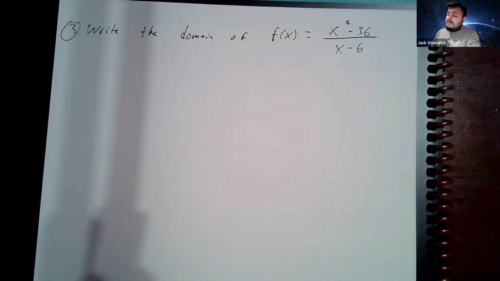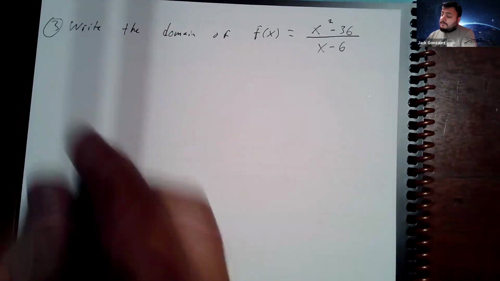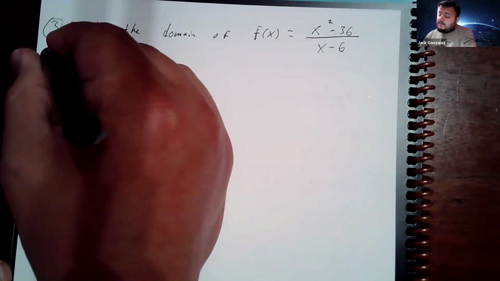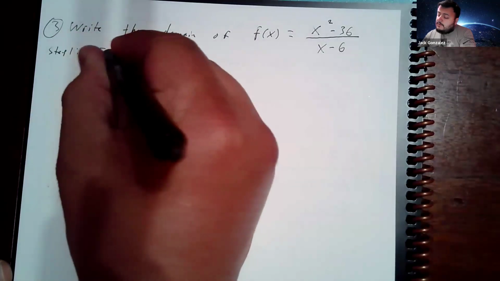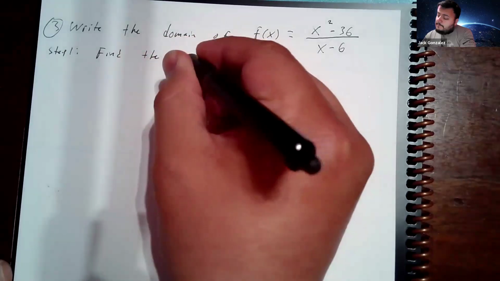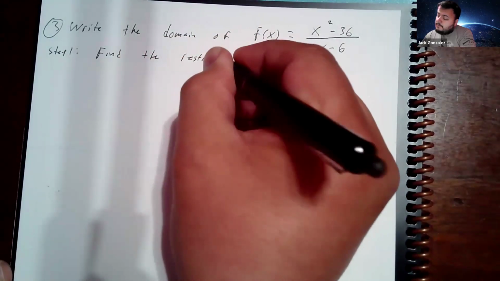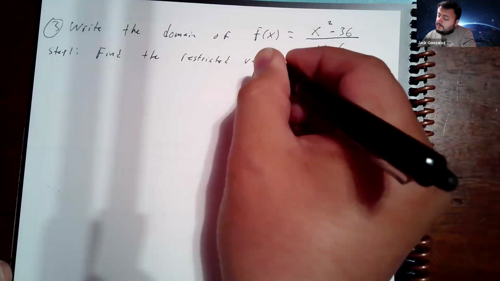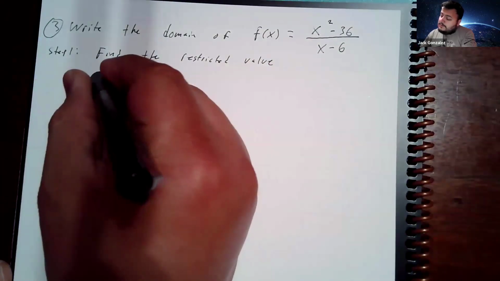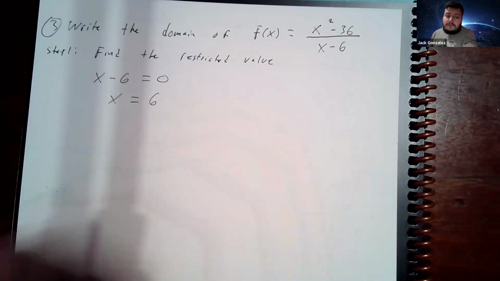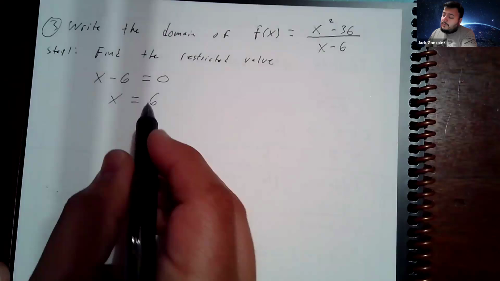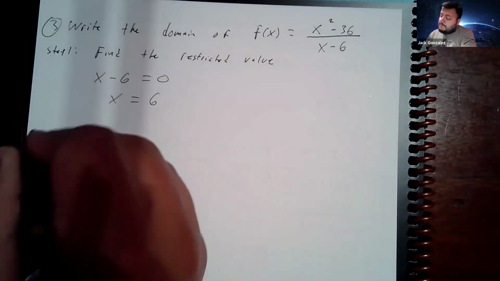To find the domain, you basically have to find out what is restricted and then work around it. That's all you got to do. So first, find the restricted value. We said just set the denominator equal to 0 because we know that can't happen. When you solve for x, we know this is a restricted part.